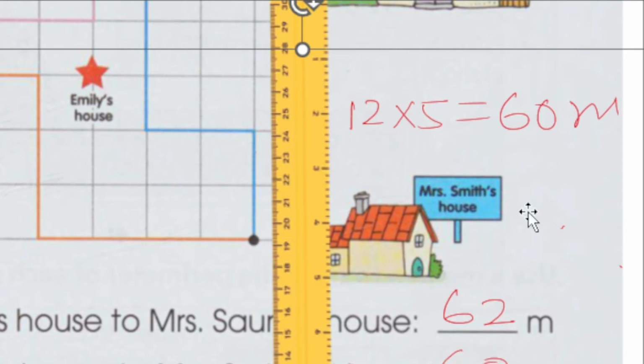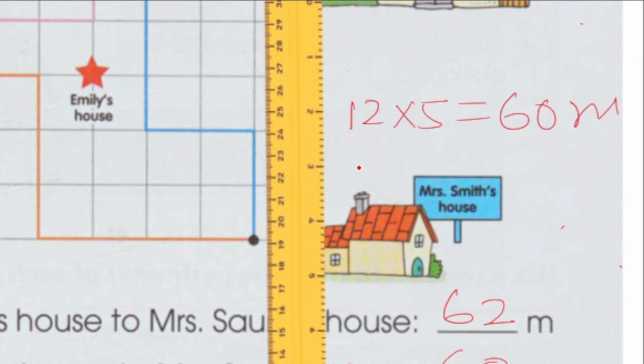So distance between them is 5 inch. So 5 inch means 5 into 5, that is 25 meter. So this is 25 meter.